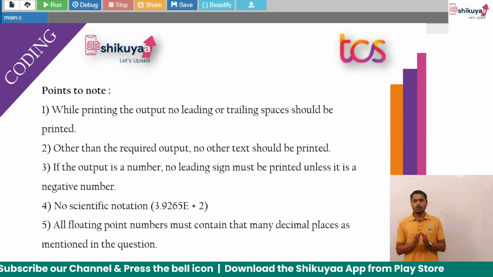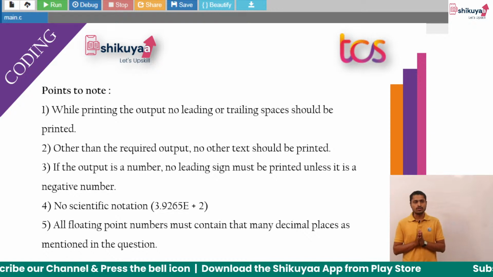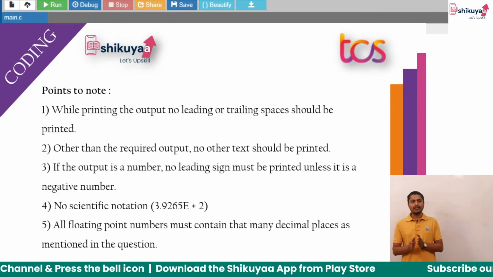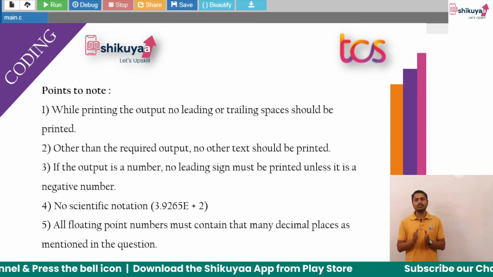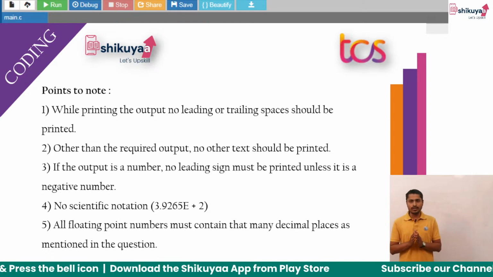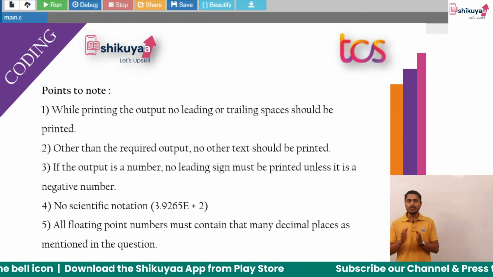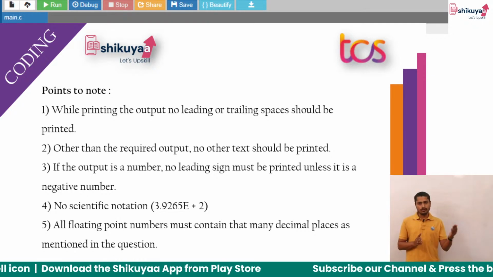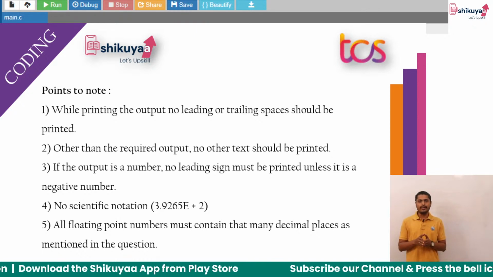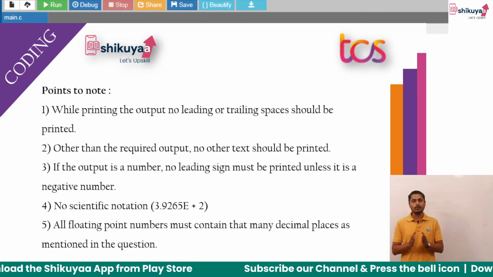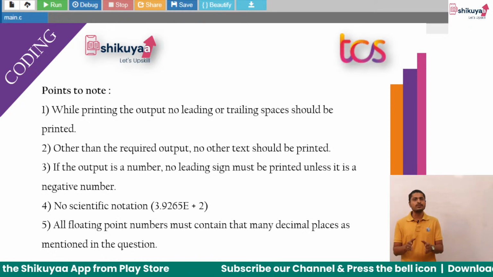That means don't go for scientific notations, and all floating point numbers must contain as many decimal places as mentioned in the question. For example, suppose the value of pi is given as 3.142, and you want to identify the area of the circle.